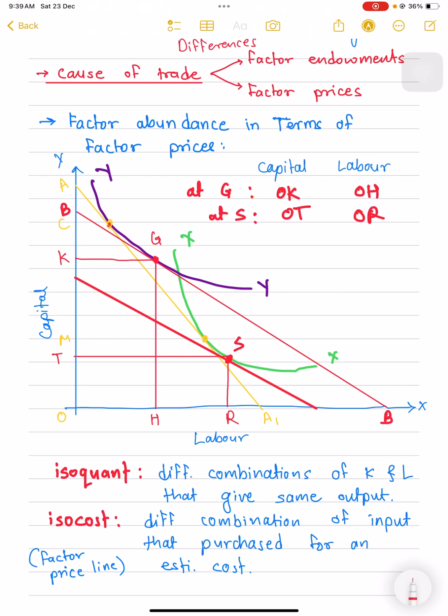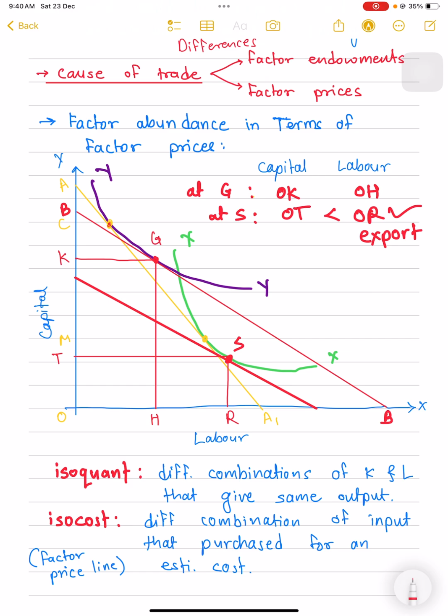Now since labor is cheap and abundant in country B, it will specialize in the production of labor intensive commodity, and it will produce commodity X at point S, and country B will export the labor intensive commodity.